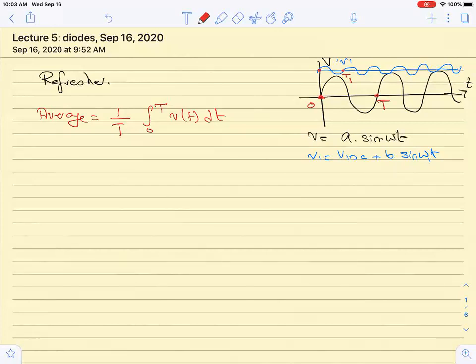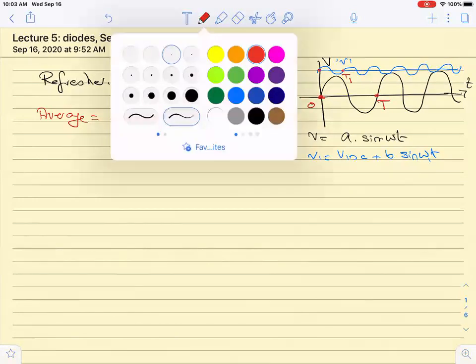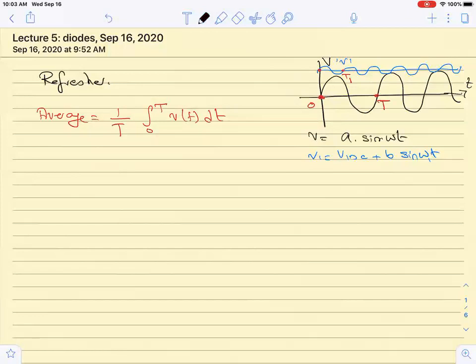Now for V, if I want to find its average, the average of the voltage signal is 1 over T integral between 0 and T of a sine omega t. What is the integral? It's the area under the curve. It is sensitive to positive or negative, right?